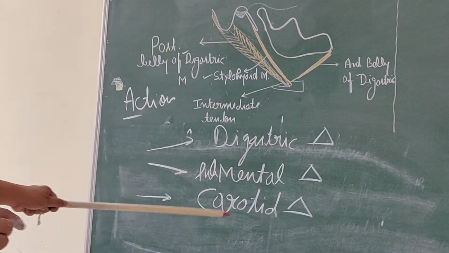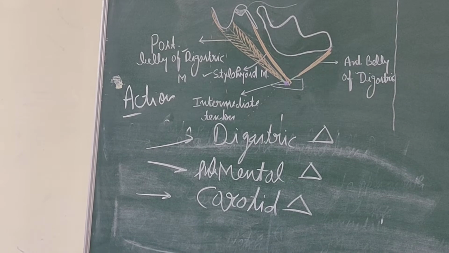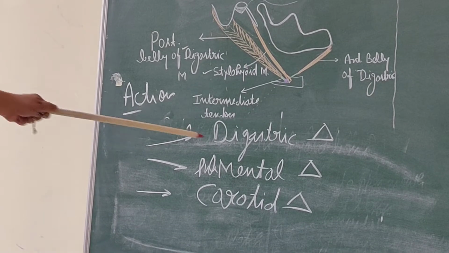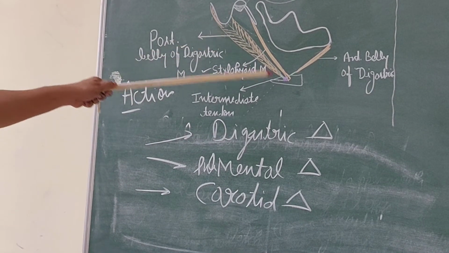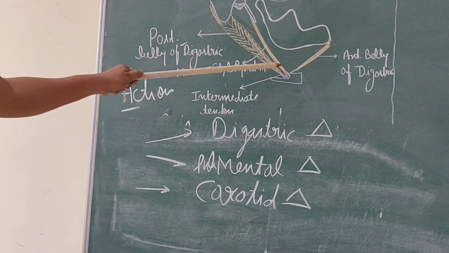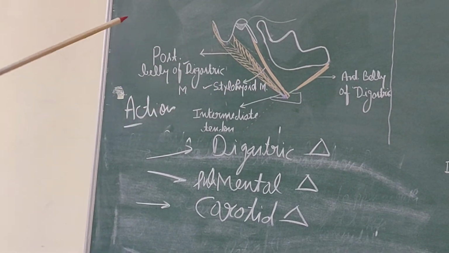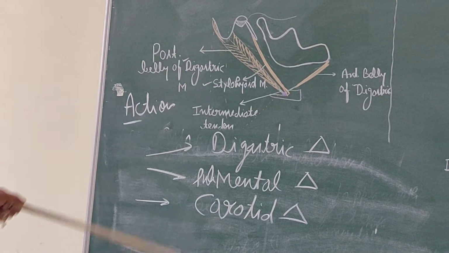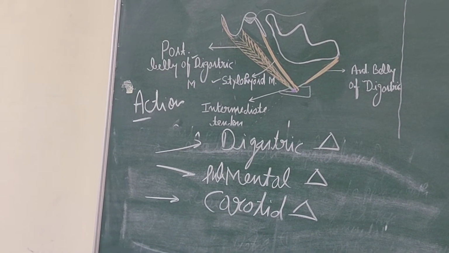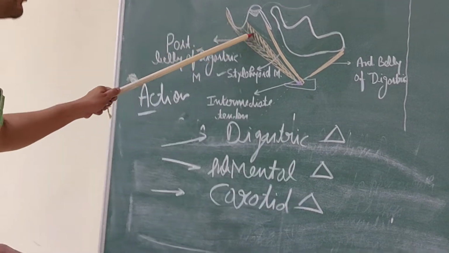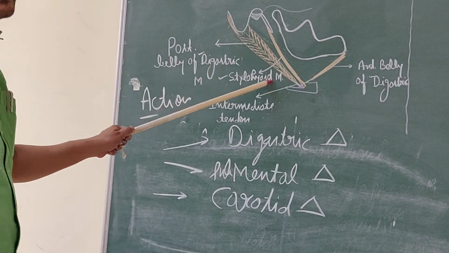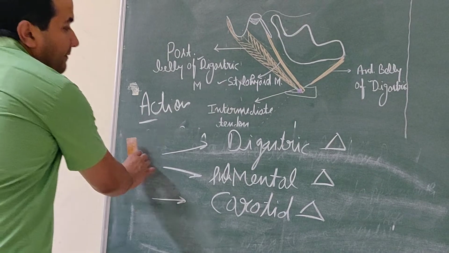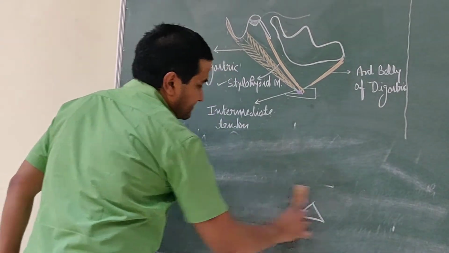So these are the three triangles of the anterior triangle whose boundaries are formed by the digastric muscle, either complete digastric or its anterior belly or posterior belly. The posterior belly is the important landmark of this region.